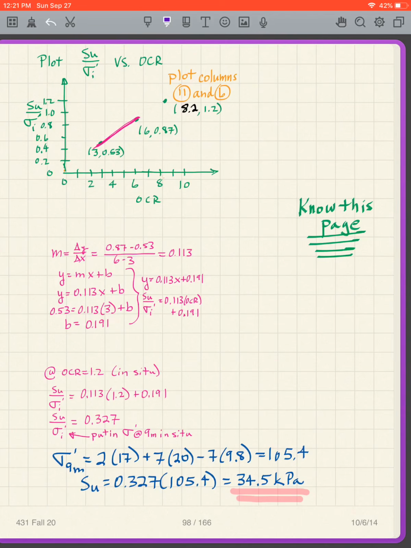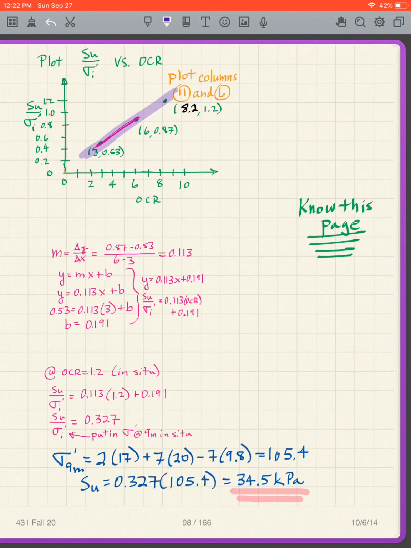Now, here's the thing. Notice that my OCR is 3, 6, 8.2. And what is my OCR in situ? The OCR in situ is only 1.2. So I've got a little problem here, because I sort of get a line here.